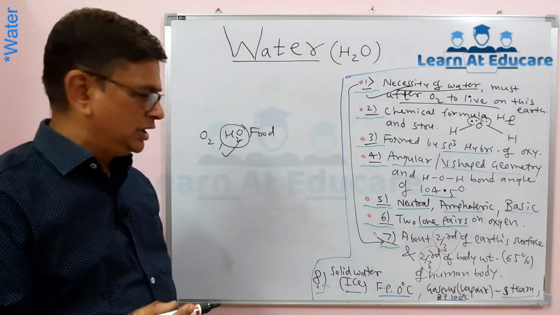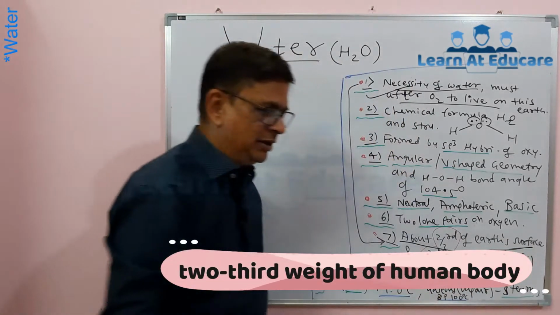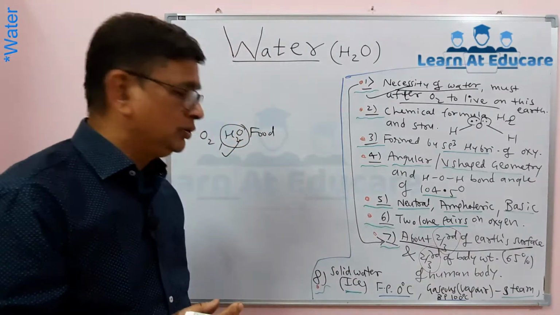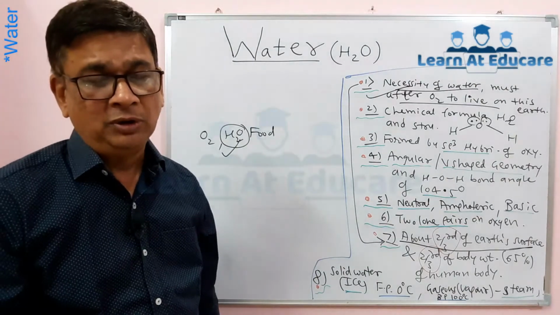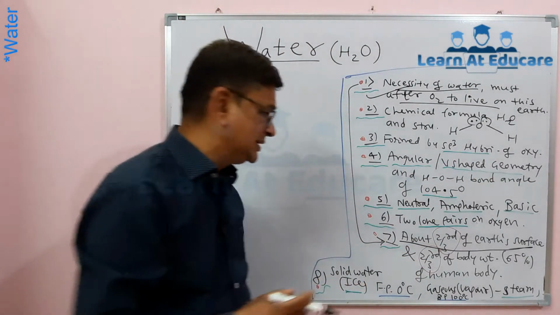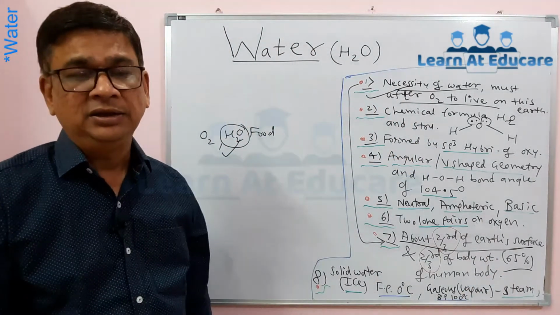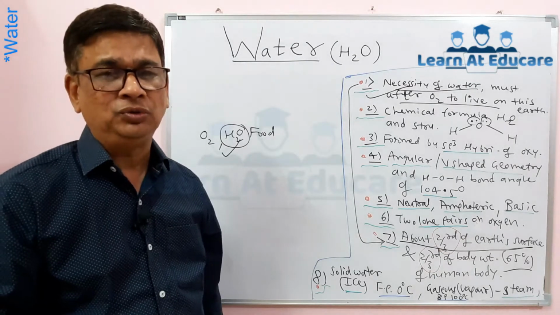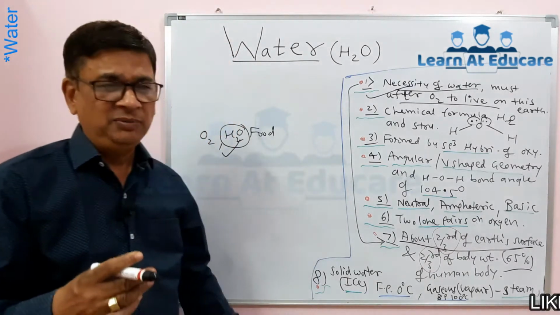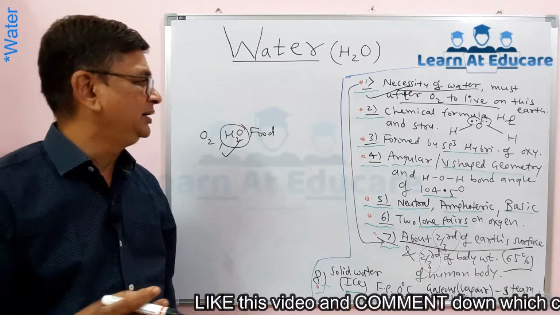You might have known that two-thirds of the earth's surface is occupied by water in various oceans and seas, and not only that, but in the human body also, two-thirds of body weight, that is approximately 65% of human body weight, is nothing but due to the presence of water. So about such water, everybody must be interested to know its chemical details.